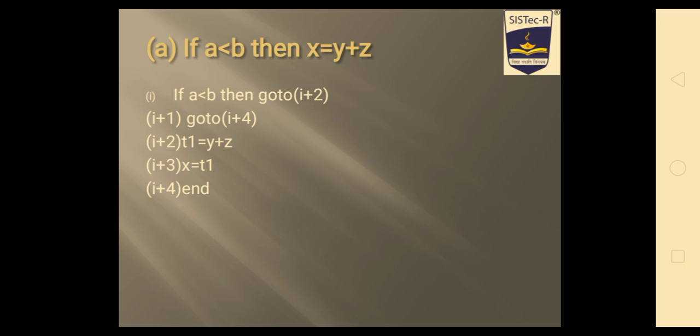So y plus z is assigned to a temporary variable, that is T1. And next, in I plus 3, x equals T1. So indirectly x equals y plus z, and I plus 4 equals end. This is the end of the code or end of line.